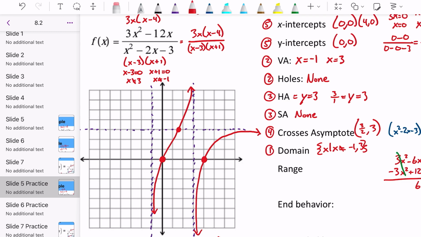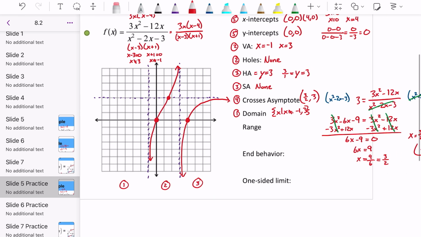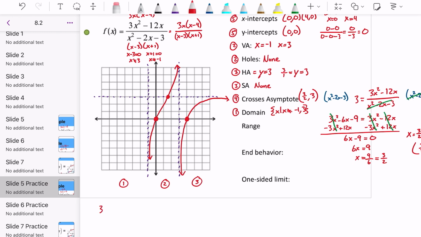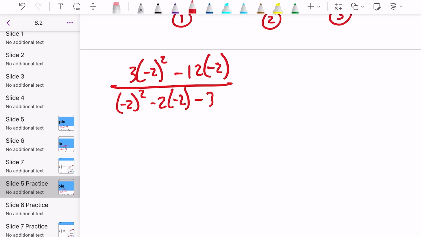So as we go ahead and plug in -2 into our equation, we would say 3 times -2 to the second power minus 12 times -2 over -2 squared minus 2 times -2 minus 3. We'll go ahead and work this problem out.